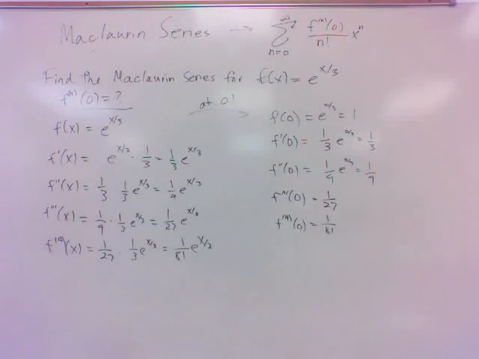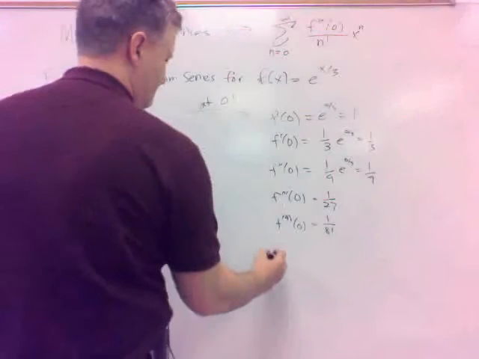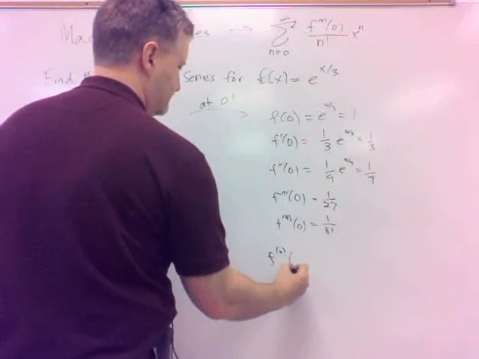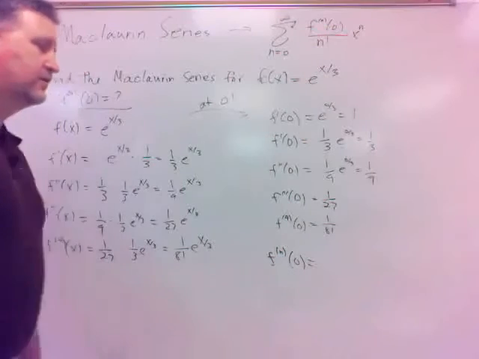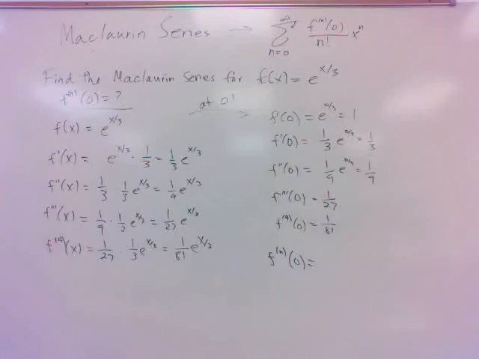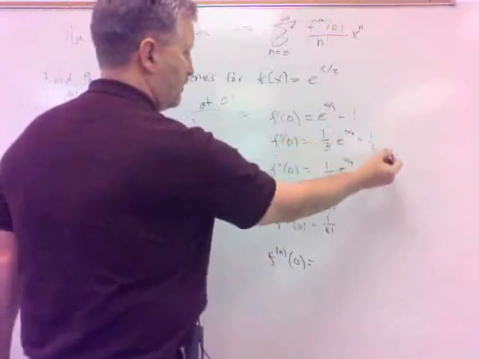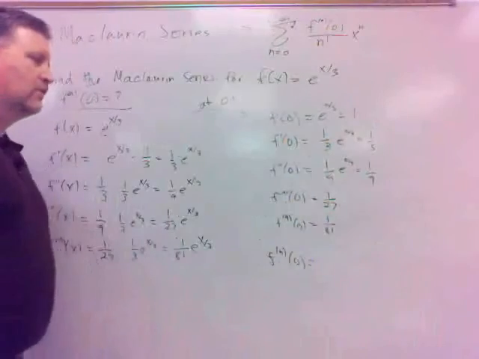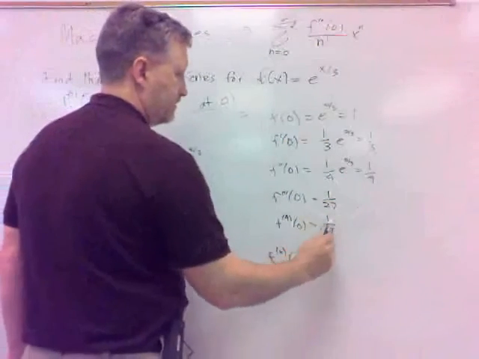What is my pattern? I don't have the 0 thing happening here. What's the nth derivative then? The e part goes out altogether. All that's left are 1, 1/3, 1/9, 1/27. What are the denominators here?